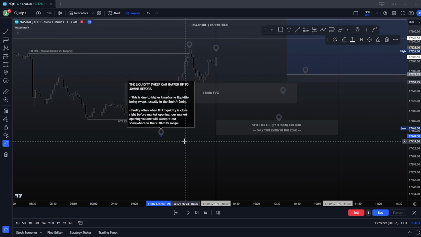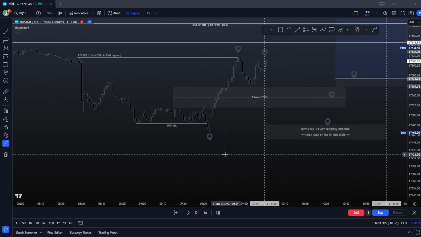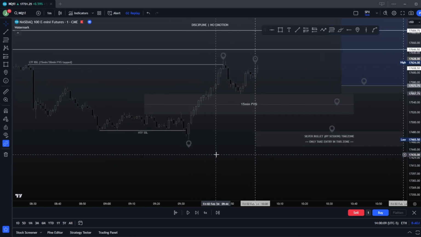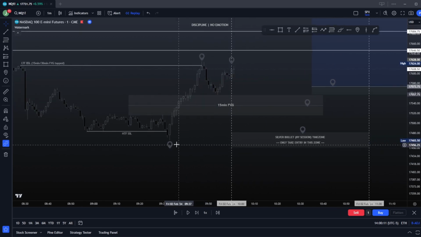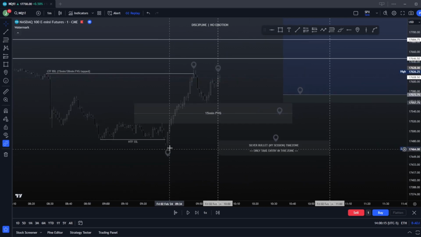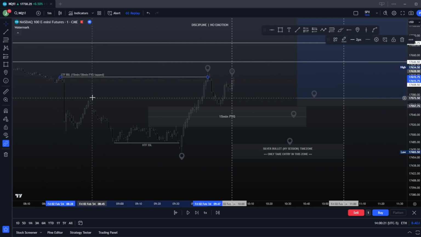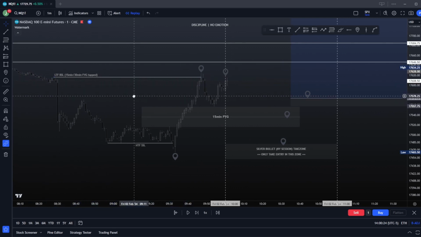But we would like it to sweep 9:30 to 9:45, because that gives us a lot more time to think through things. So we have our liquidity sweep. Okay, we push up, very nice. However, we have a buy side liquidity sweep.